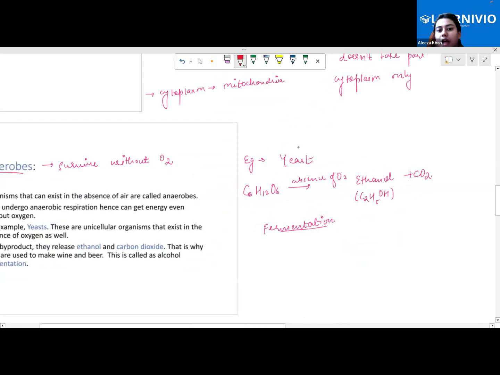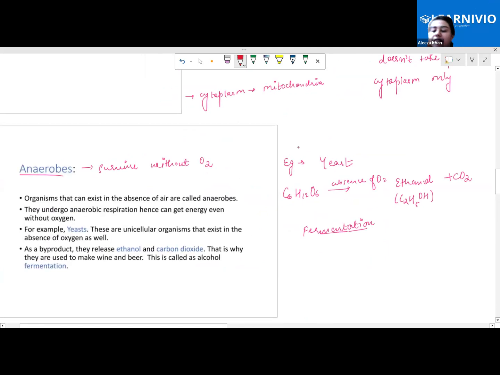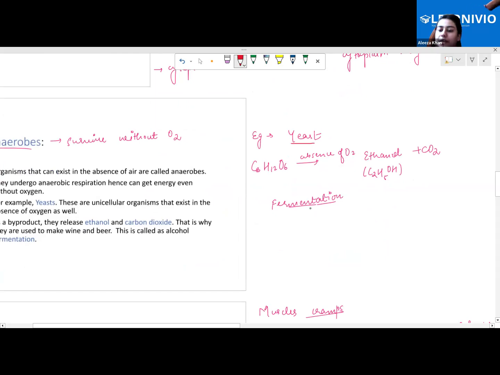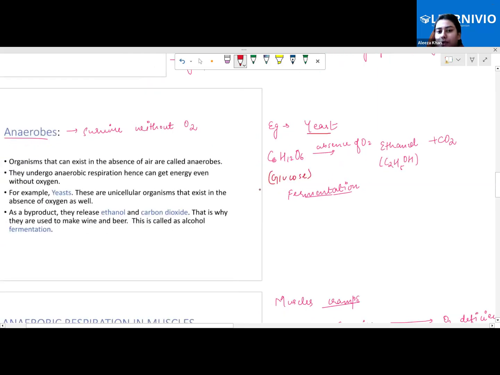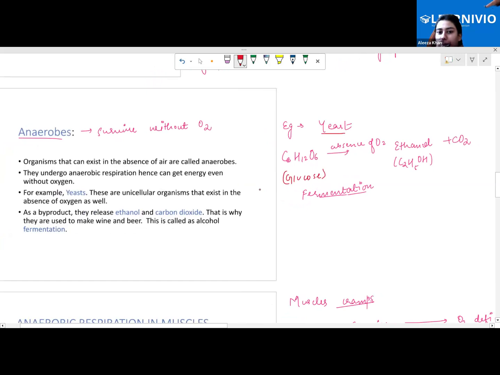Anaerobes are those organisms which can survive without the use of oxygen. This could be the yeast. As I told you, yeast is used for the fermentation process for the production of alcohol. The same reaction will be written here: glucose, in the absence of oxygen, will give off alcohol and carbon dioxide. This point you can write for the anaerobes.